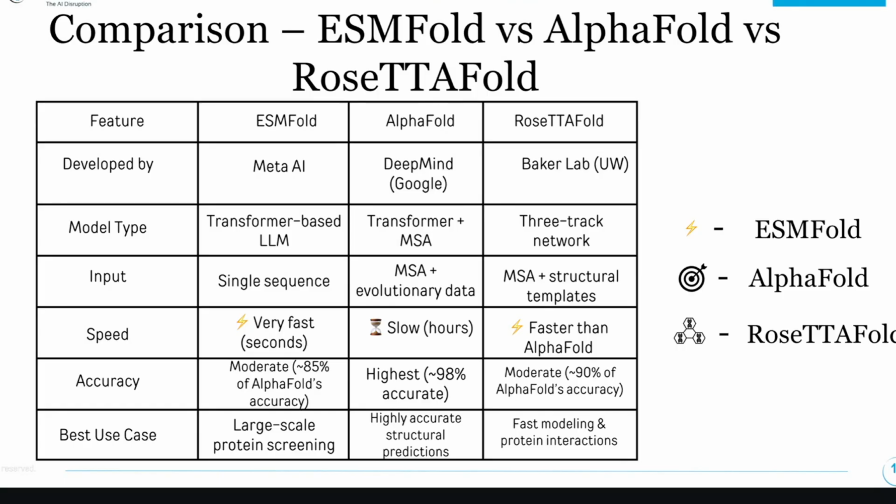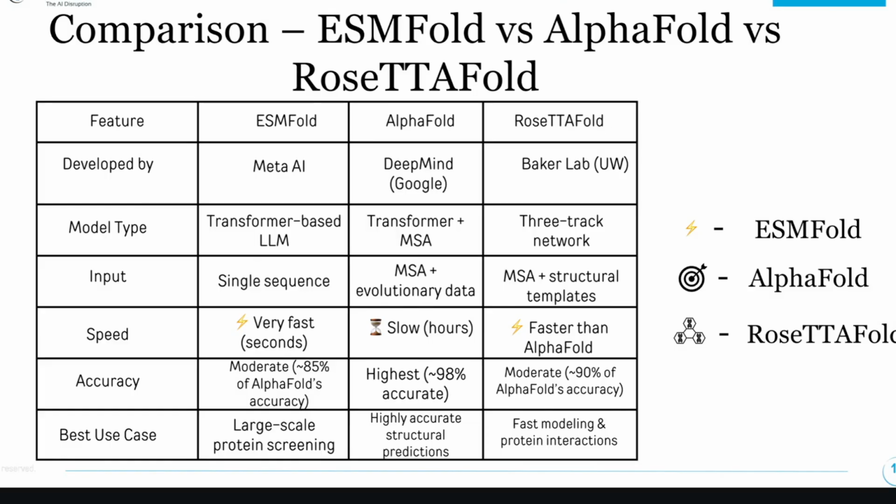The accuracy of the protein structures predicted using AlphaFold was quite top notch, which is why scientists all across the globe have been relying on AlphaFold for protein structure predictions. Then we have RosettaFold, which was developed by Baker Lab, a lab at the University of Washington.